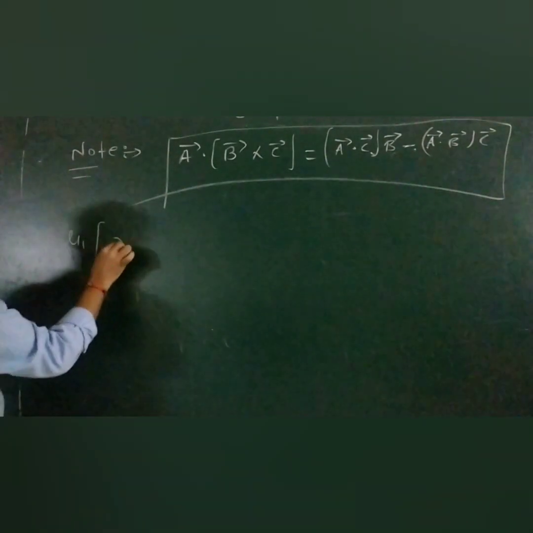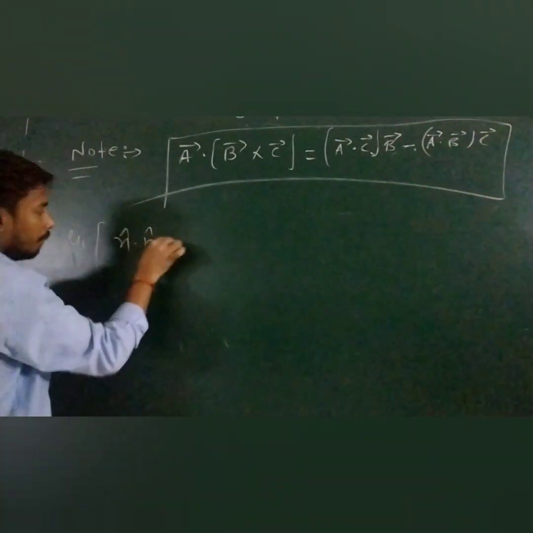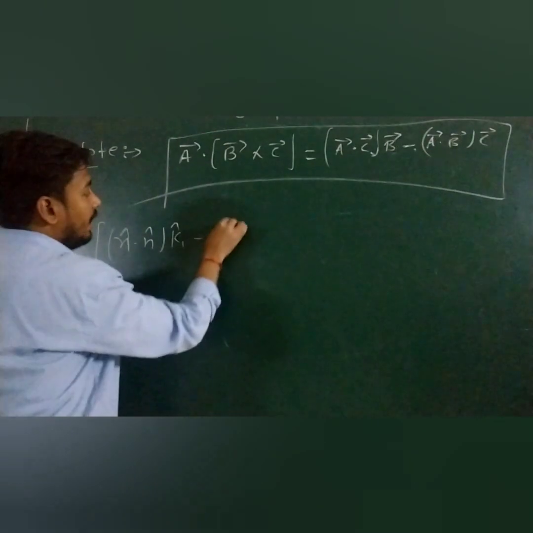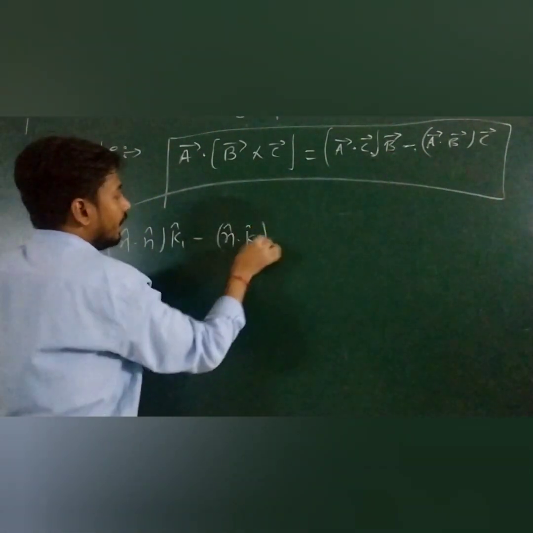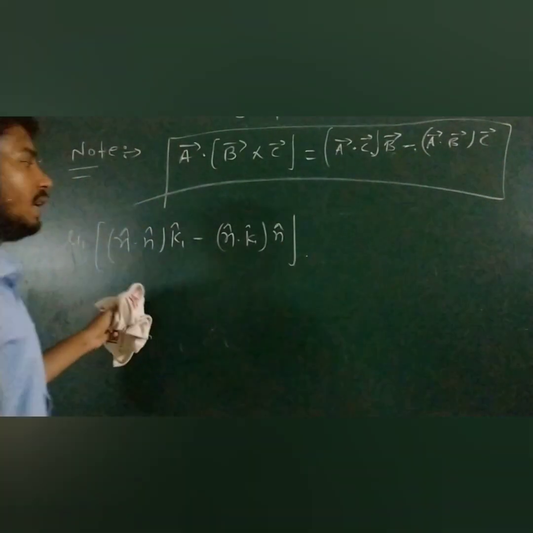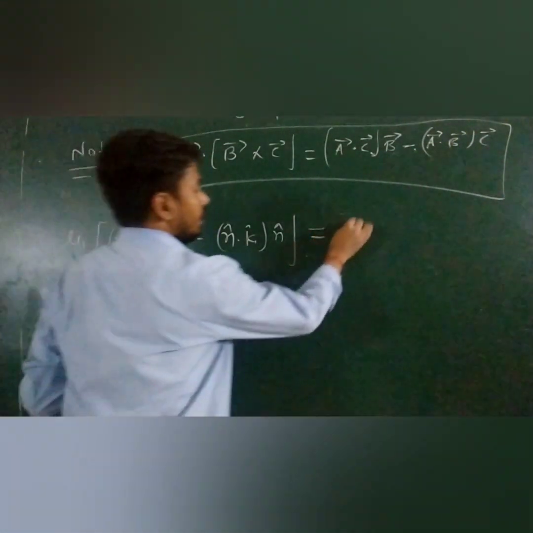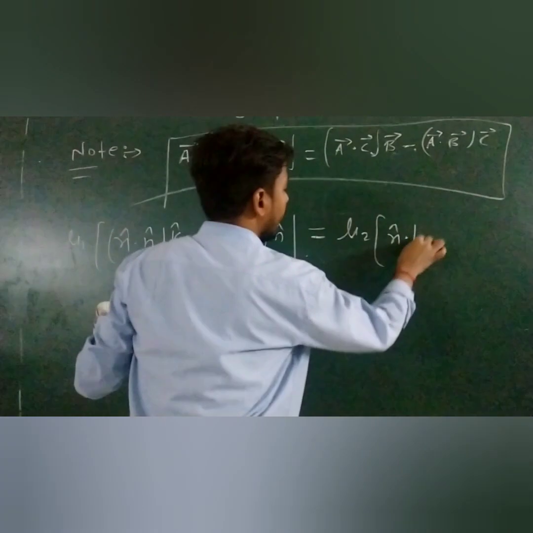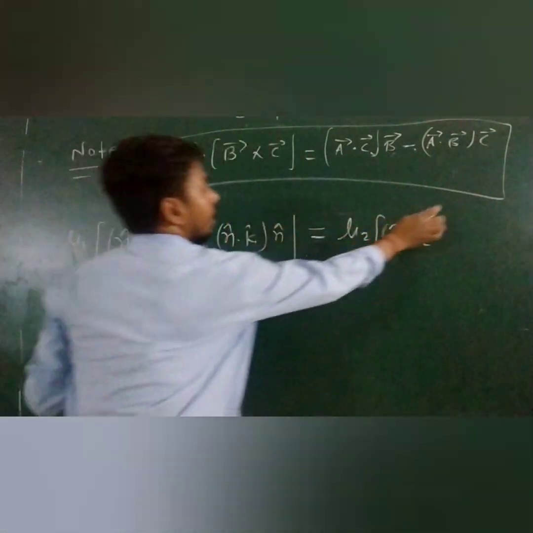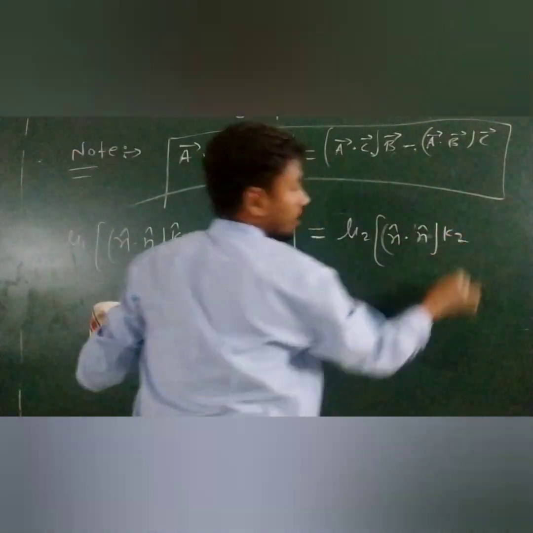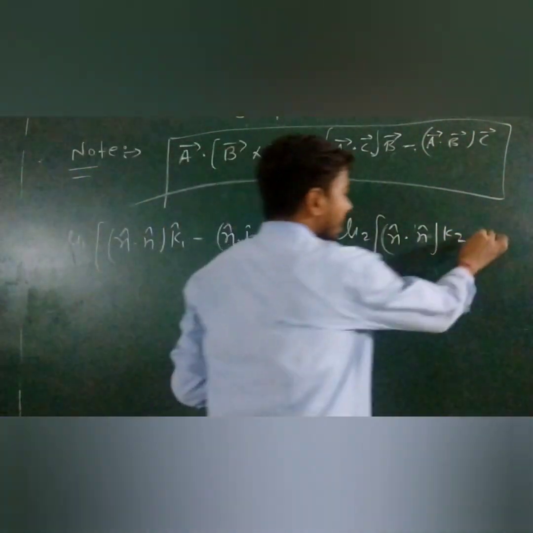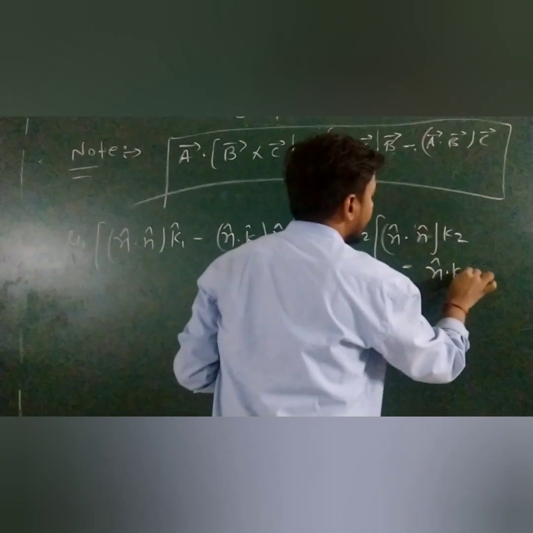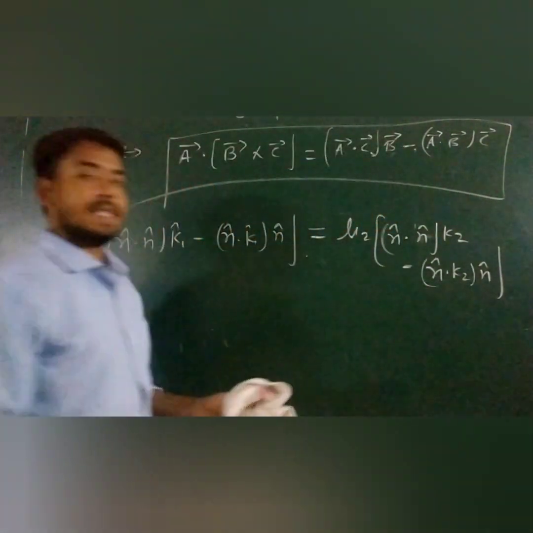So this becomes (N dot N) into K1 cap minus (N dot K1) into N, is equal to the second equation's RHS, mu2 times (N dot N) K2 minus (N dot K2) into N cap. So this is the method.